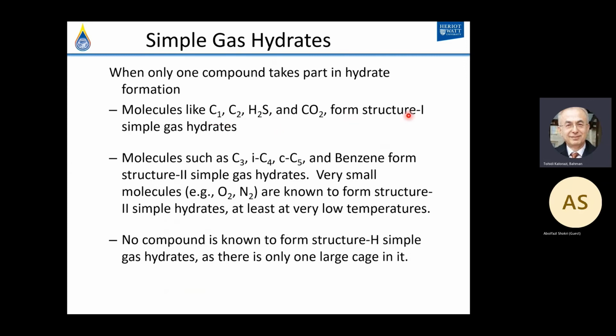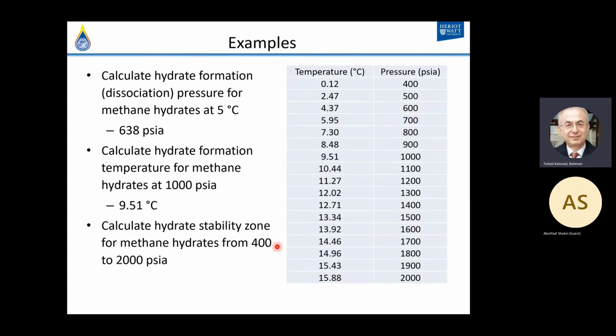Normally, a small molecule forms structure 1. Molecules like C3, IC4 and cyclopentane can form structure 2. And no compound is known to form structure H on its own, so we won't have a simple gas hydrate of structure H.